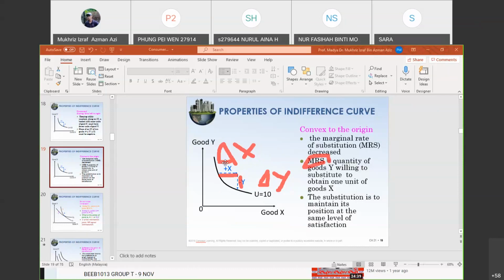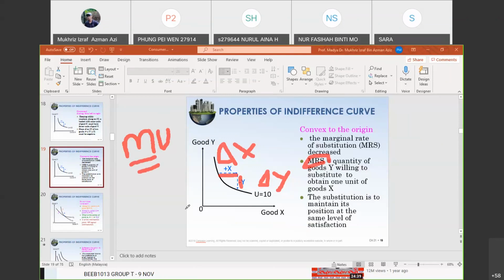The word change, or the symbol change, can also be called MU or marginal, because we are talking about utility. Indifference curve, again, measures the amount of utility, or satisfaction. So the word marginal, we add the symbol U, marginal utility. So this change in X, the symbol change is what we call marginal.